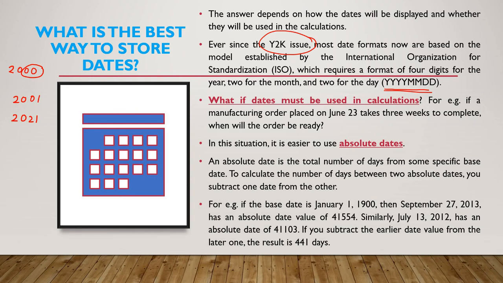So that's why, due to the Y2K issues, the ISO standardization came about. Now in our standardization, we have 4 digits for the year, 2 digits for the month, and 2 digits for the day. And that is why when you develop a system, I won't recommend you use a text box to insert dates.